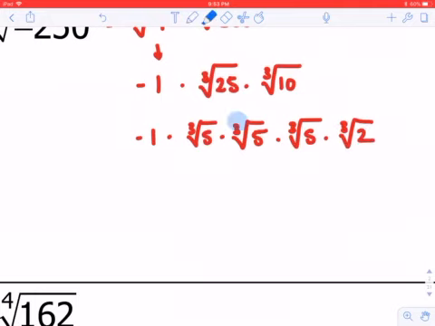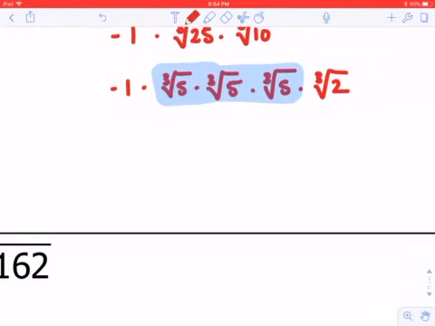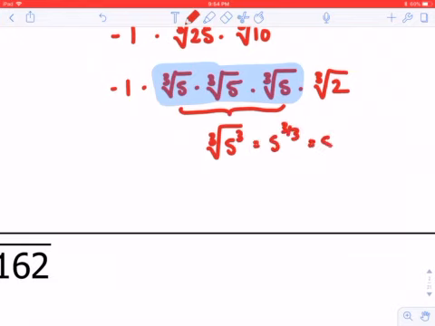So notice, I have 3 5s. As long as I can get 3 of them, I can pull it out. And just to understand how this works, I normally don't write this next step down, but I want you to see it. This is the cube root of 5 cubed. And because the power and the root match, I can write this as 5 to the 3 over 3, which is 5 to the first.